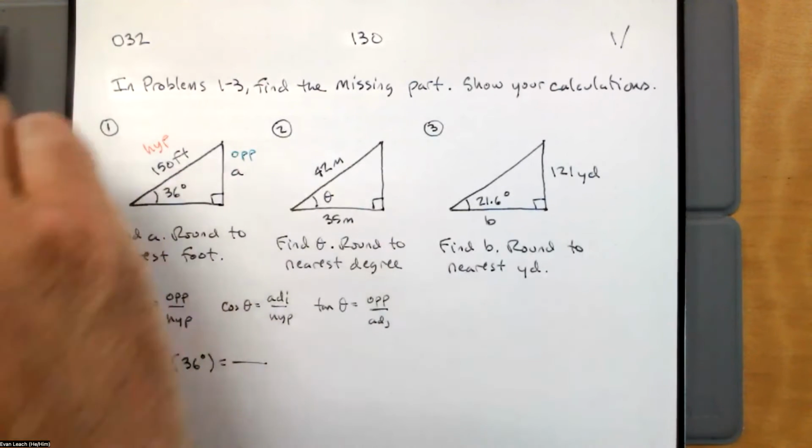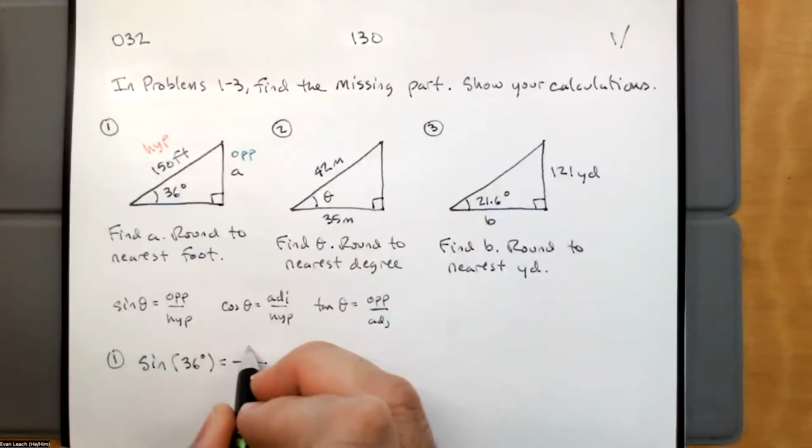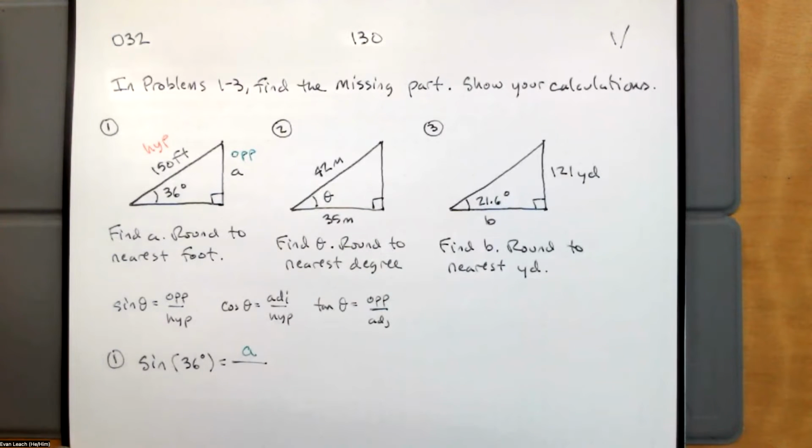We don't know what the opposite is, so I'm just going to put A there. But we do know what the hypotenuse is, and that's 150. We have set up the trig ratio: sine of the angle is opposite over hypotenuse. Any questions on the setup?